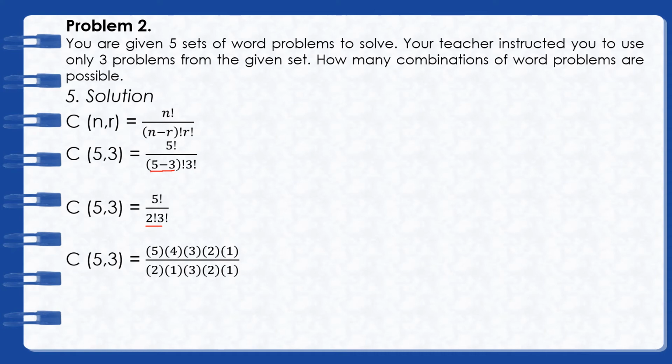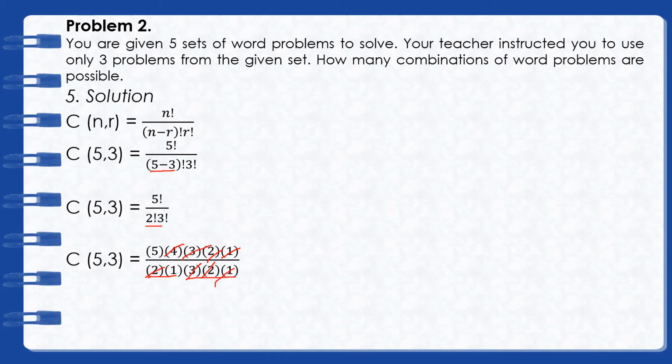Same with our denominator, we have here 2 times 1 multiplied by 3 times 2 times 1. So we can cancel here 3, 2, and 1.